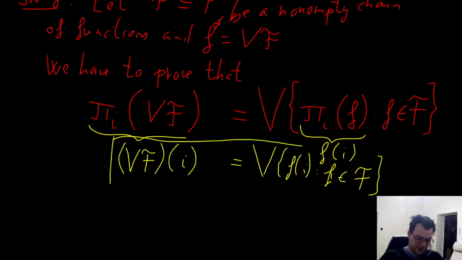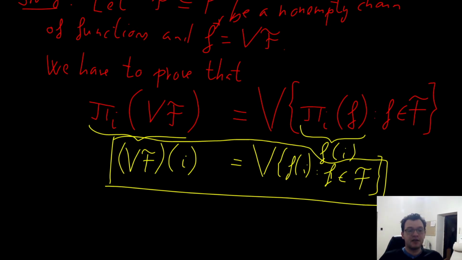Okay, basically it says that now we don't have to deal with projections anymore. So if this holds, then it means that if I have a chain of functions, then the supremum function's ith coordinate should be computed as the supremum of the original functions' ith coordinates.